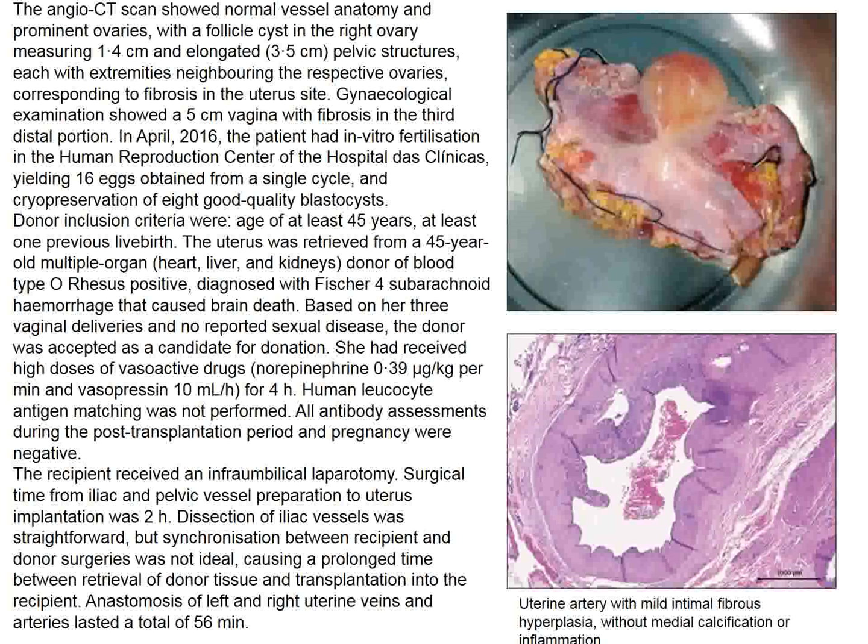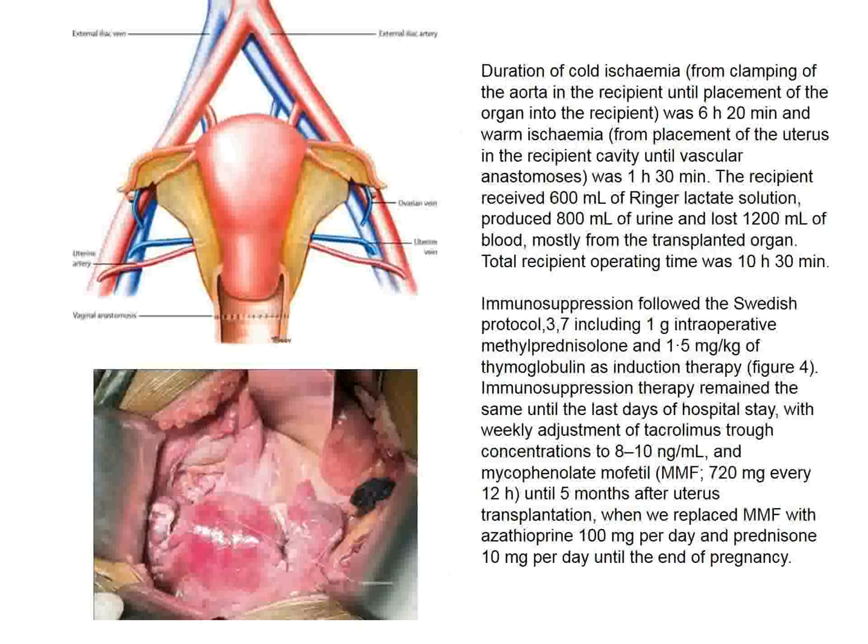Then there's the problem of transplanting this uterus, and there's some mild intimal fibrosis in the uterine arteries in this specimen, but that didn't bother these surgeons. They went on with the procedure. And then they had to make a vaginal anastomosis, and they had to attach these various blood vessels and provide venous drainage, and they did that all successfully, and the uterus pinked up when the blood vessels were opened.